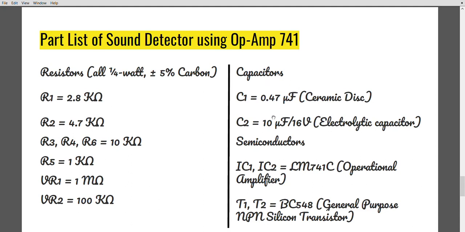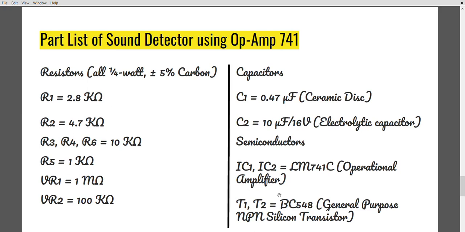After that, for the capacitors, C1 has a value of 0.47 microfarad, which is a ceramic disc, and C2 is equal to 10 microfarad, 16 volt. This is an electrolytic capacitor. For the semiconductors used in this project, IC1 and IC2 are LM741C op-amps, and T1 and T2 are BC548, which are general purpose NPN silicon transistors.